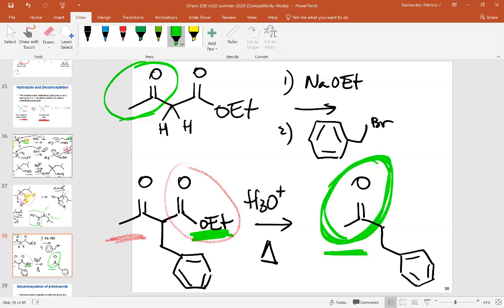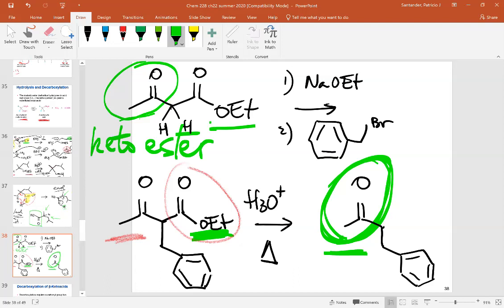If you have an acetyl group, the starting material should have been the ketoester, right? This is the ketoester. The ketoester, in particular, is ethyl acetoacetate. That will be the name of that compound.